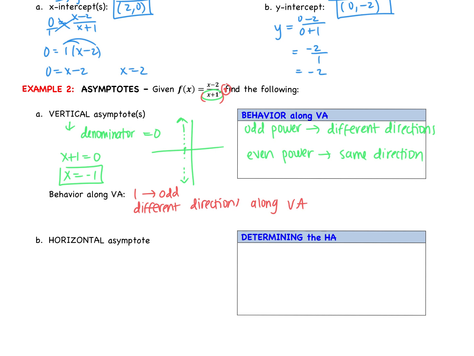Okay, so that's the vertical asymptote. We also have to be able to find the horizontal asymptote. Here's how you're going to do that. You are going to compare the degree of the numerator to the denominator.